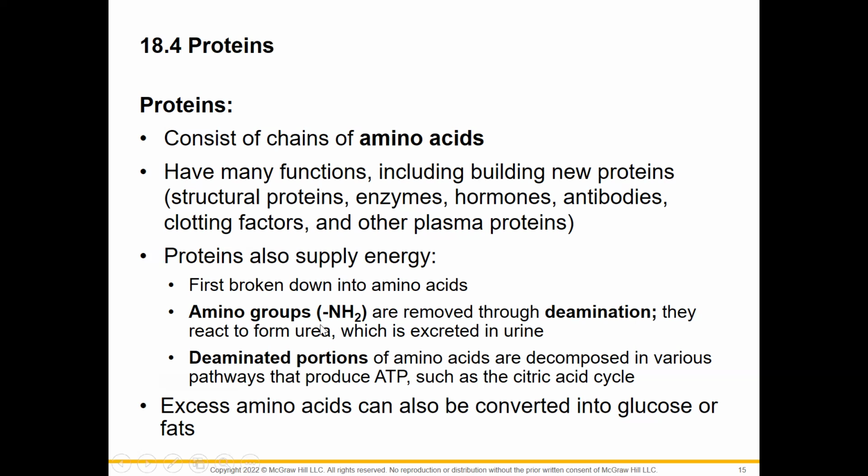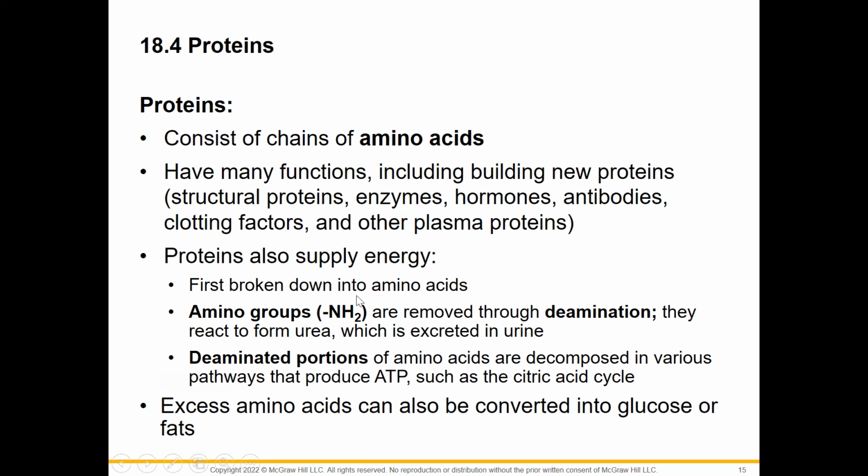So, the amine group from the amino acid, the NH2 group, is one of the distinctive areas of amino acids, and that's obviously where it gets its name. The amine group is removed through a process called deamination. De, without or the removal of, amination, the amino group. So deamination is the removal of the amino group from amino acids.